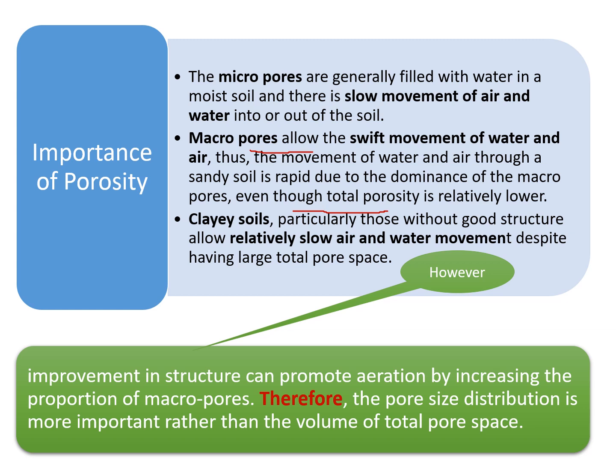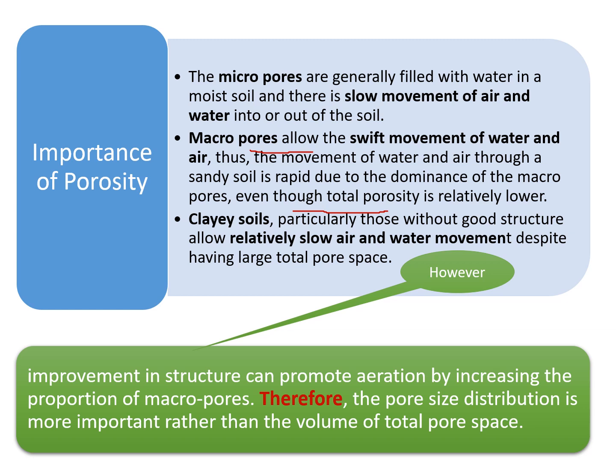Clay soils, particularly those without good structure, allow relatively slow air and water movement despite having large total pore space. So clay soils have more total pore space, but they have relatively slower air and water movement, as mentioned earlier.